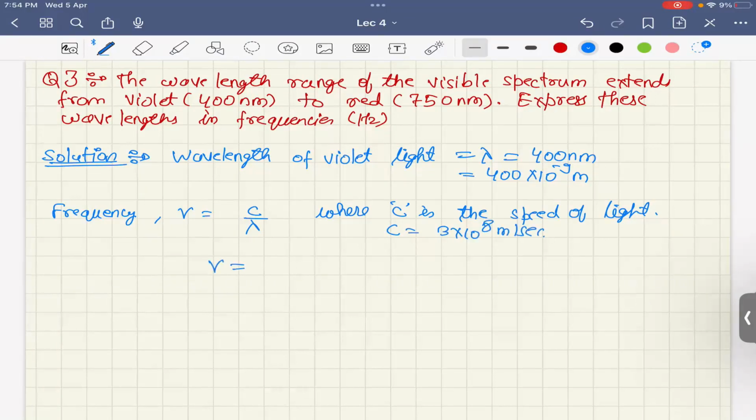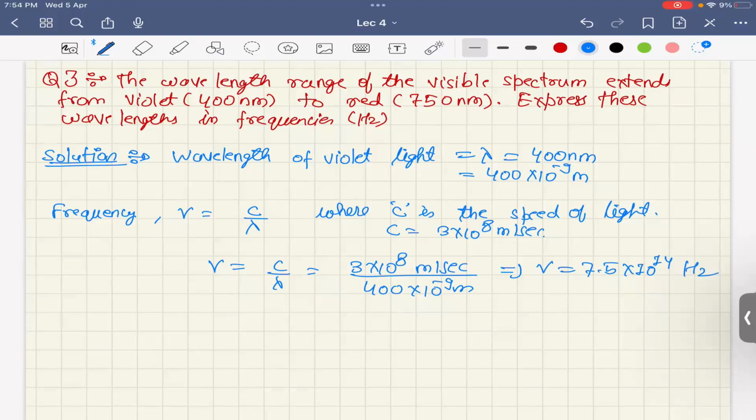Hence we can write mu is equal to c by lambda, which is 3 × 10 raised to power 8 meter per second divided by 400 × 10 raised to power minus 9 meter, implying mu is nothing but 7.5 × 10 raised to power 14 hertz, right? So this is for violet light, right?